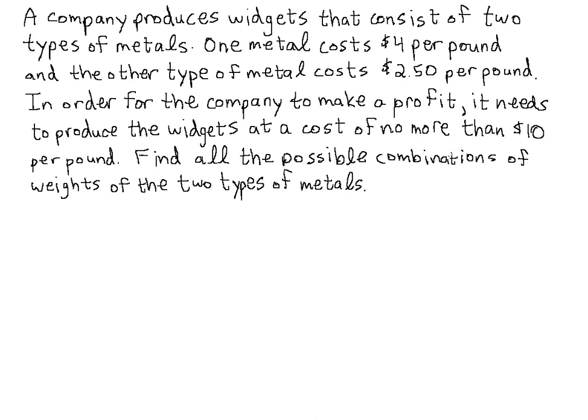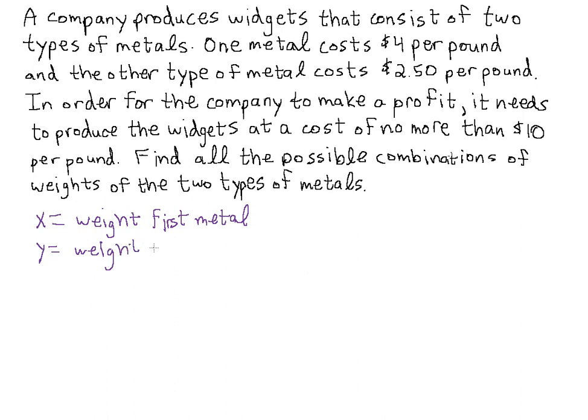So let's go ahead and begin by defining a few variables. So we have x and y. We're going to let x equal the weight of the first metal. Remember, we want all the combinations of the weights of the two types of metal. So x is going to equal the weight of the first type of metal, and we're going to let y equal the weight of the second type of metal.